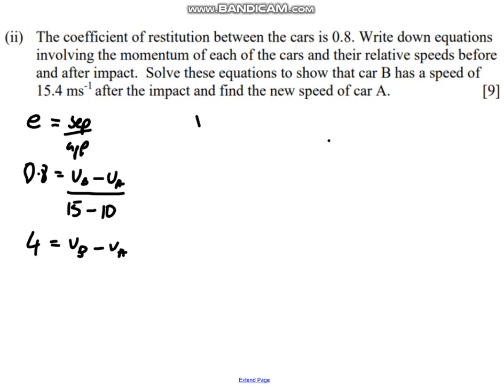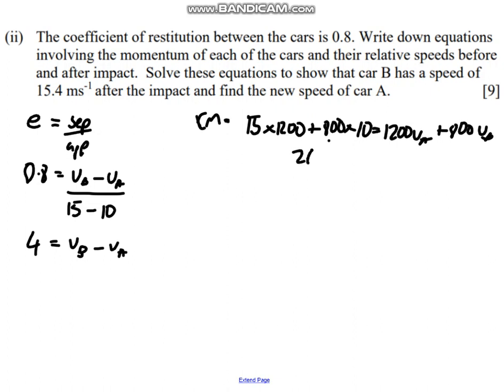We can also look at our conservation of momentum in that situation. There we've got 15 times 1200 plus 800 times 10. That's all of the momentum beforehand. Afterwards our momentum is 1200 VA plus 800 VB.